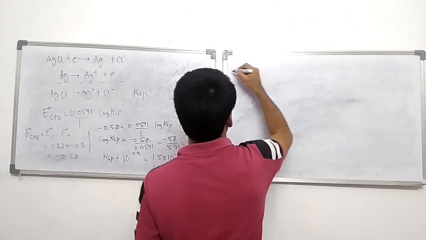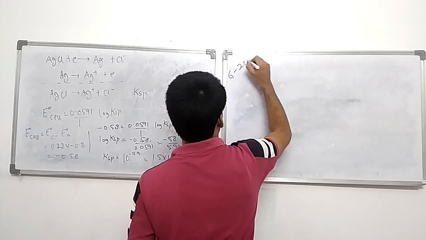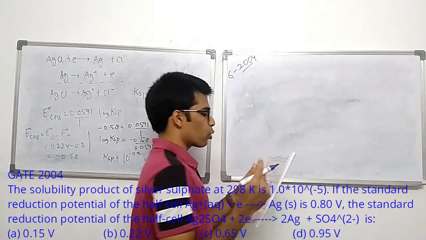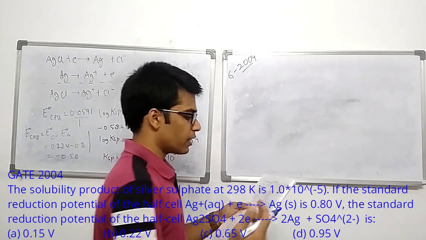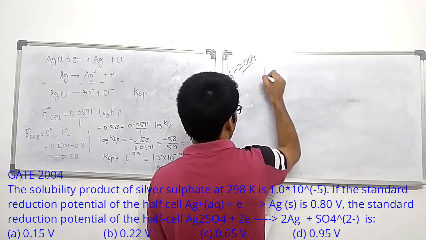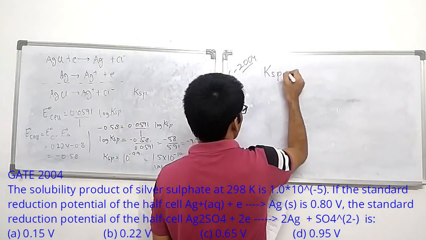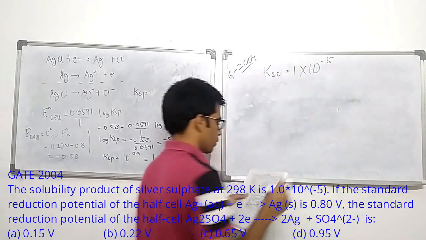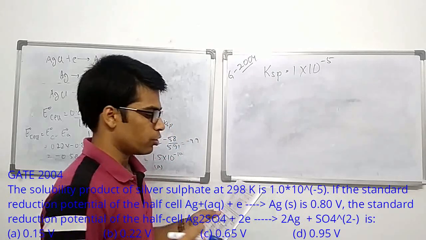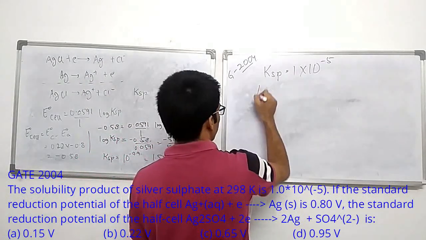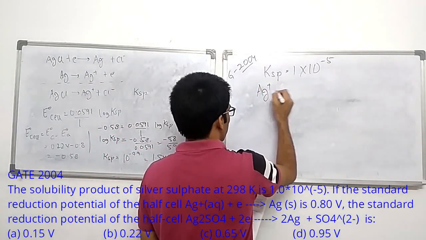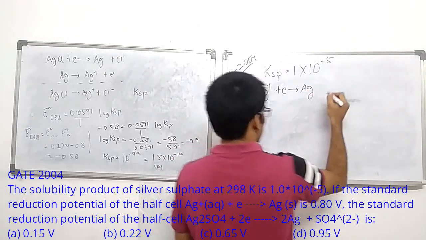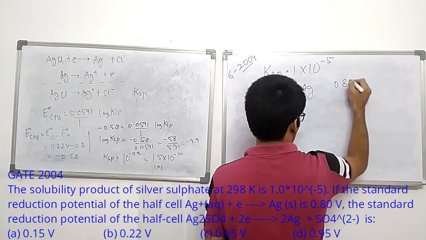So this came in GATE 2004. This says the solubility product of silver sulfate at 298 Kelvin is 1 into 10 power minus 5. So that means Ksp is 1 into 10 power minus 5. They have given one half cell whose standard reduction potential is 0.80.